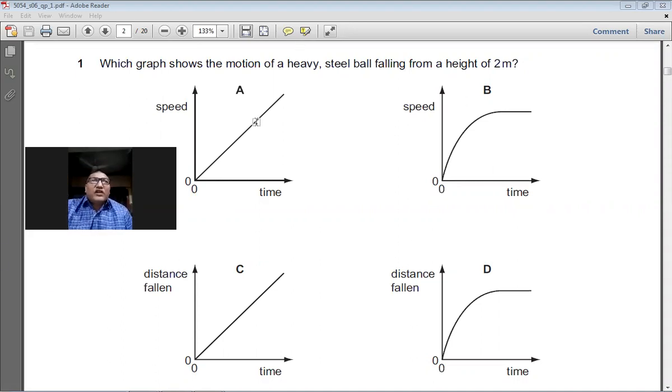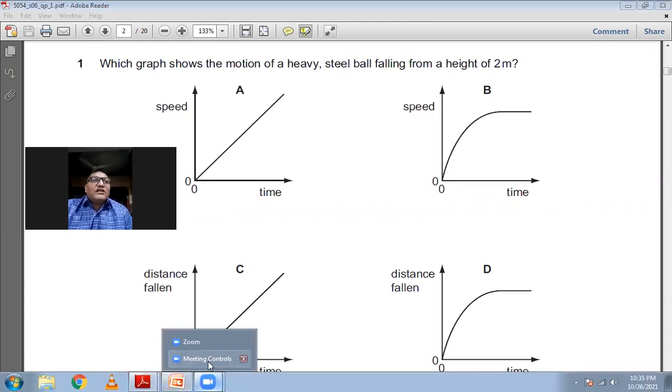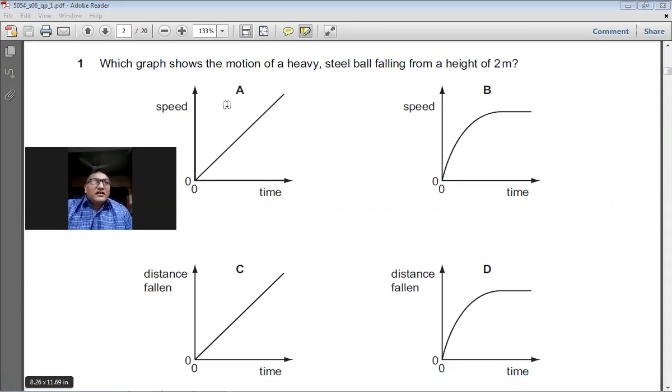If you are talking about a heavy steel ball, in the fall of 2 meters, because it's heavy, the air resistance it will get during that 2 meter height will not be enough to overcome its weight and achieve the terminal velocity.